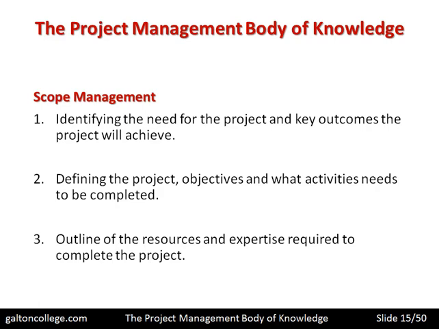An outline of the resources and expertise required to complete the project. Right at the start, within scope management, has the business got the capacity to undertake this project? What resources are required? What expertise, what skills are required to complete the project? And a statement of these is very important.